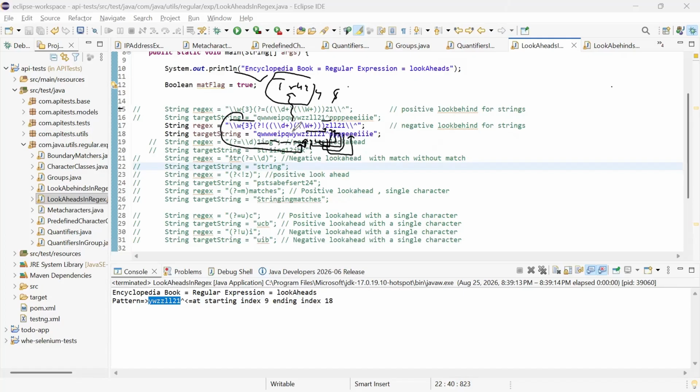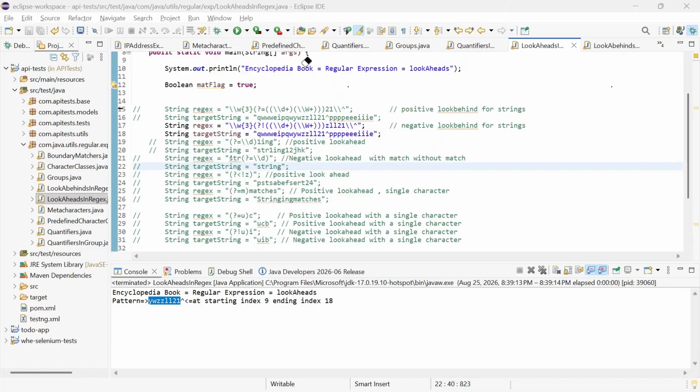So it will capture YWZ as a part of W3, and then it will capture ZLL 21 carets. Right? So this is how we evaluate the regular expression look behind, or look ahead, look around concept.